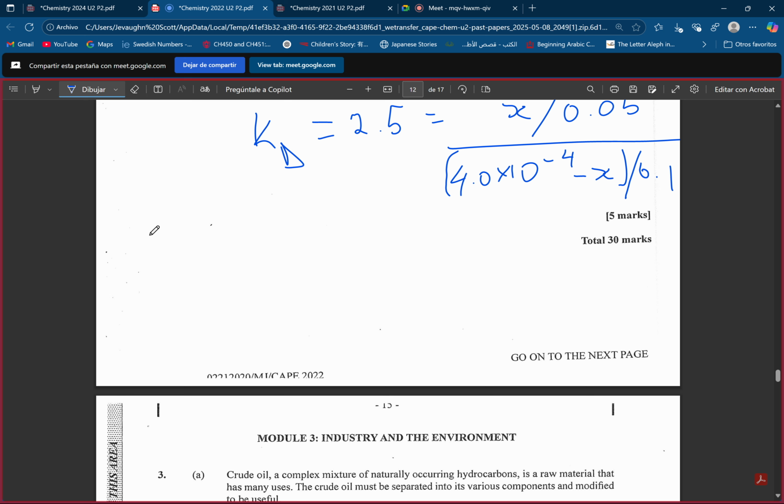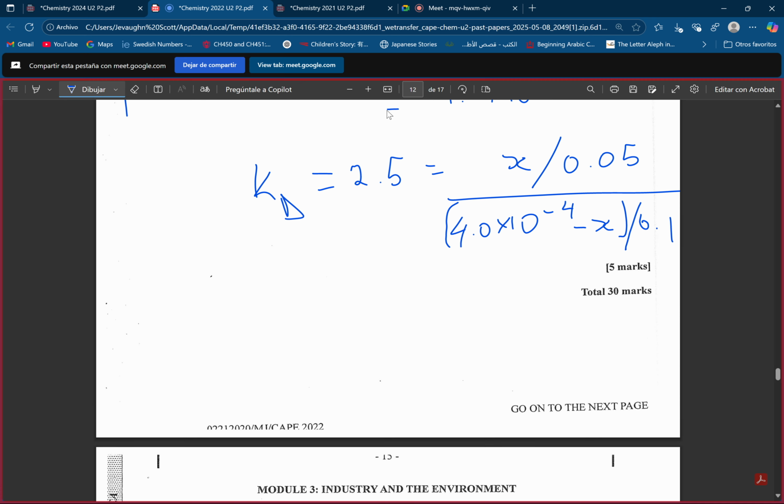We still need to do it. So we're going to multiply everything here by 0.05 over x. Let's have a look at this. 0.4 times 10 to the negative fourth power minus x over 0.1 times 0.05 over x.